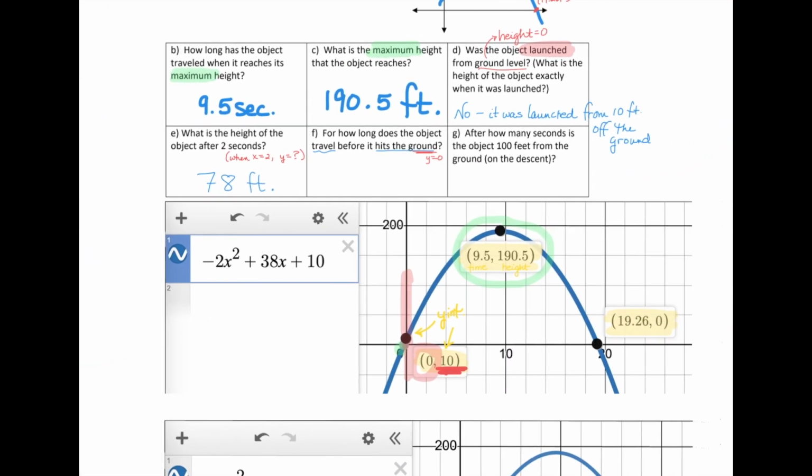I'm going to come back to my first graph, and that spot where the object hits the ground is going to be here. It's going to be that x-intercept after this many seconds. Your y value here is equal to 0. And so it's going to be 19.26 seconds.